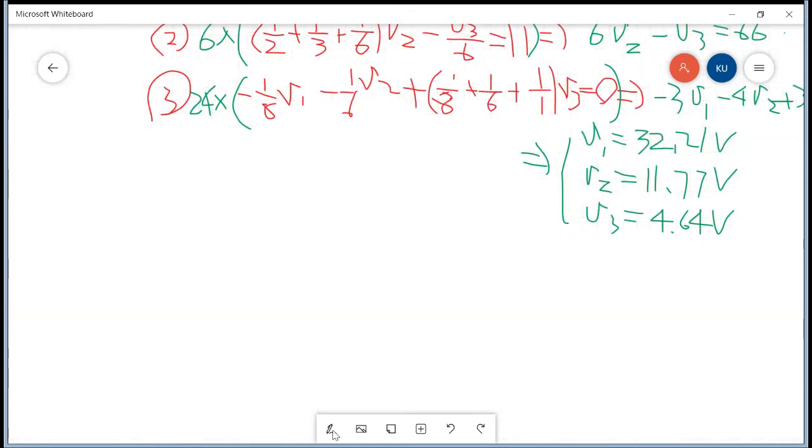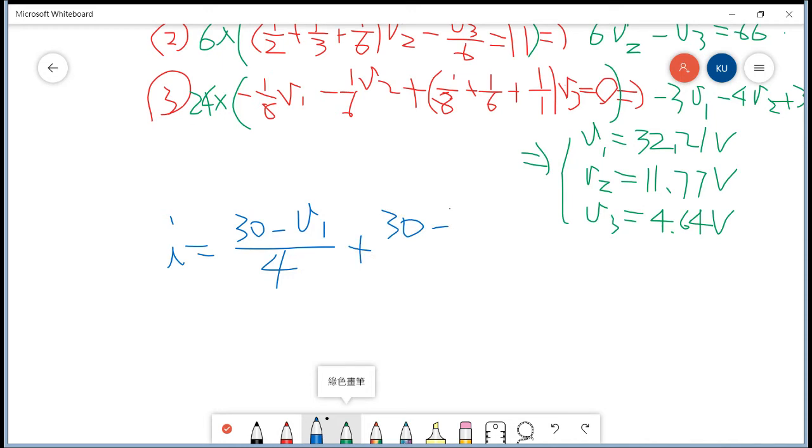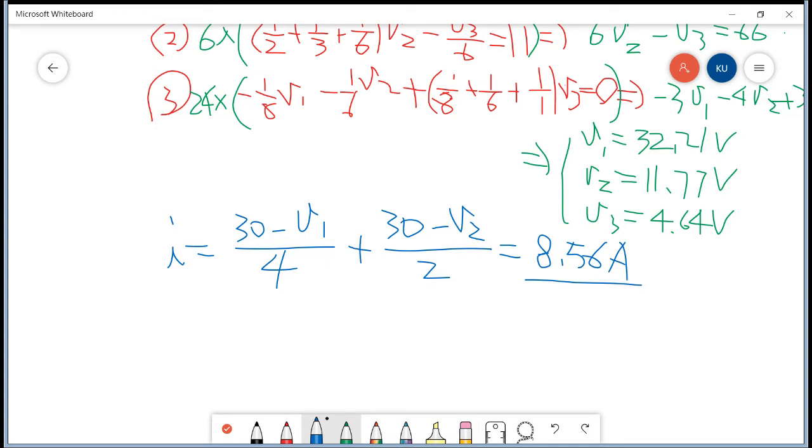So finally, I equals 30 minus V1 over 4 plus 30 minus V2 over 2, which equals 8.56 A, not V, A. So this is the answer for question 1.